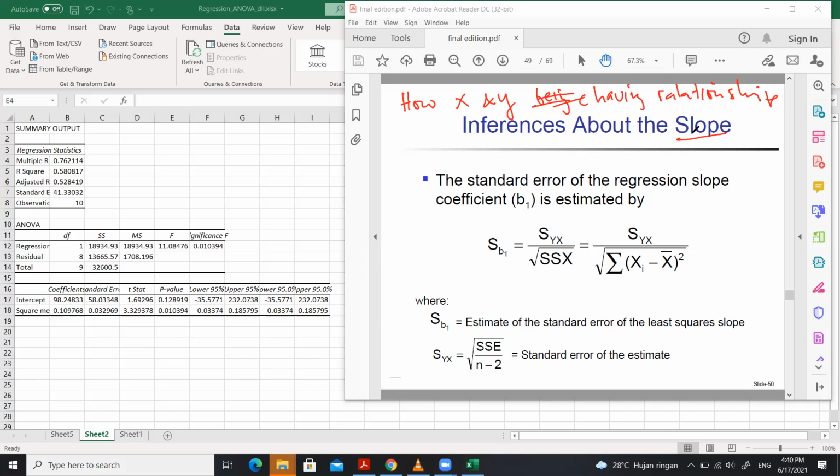Slope ini itu kan memberitahu kita seberapa besar perubahan data X terhadap Y gitu kan. Misalkan X-nya berubah 1 kali, Y-nya berubahnya berapa kali. Slope is telling us how the data is changing with respect to the X variable.